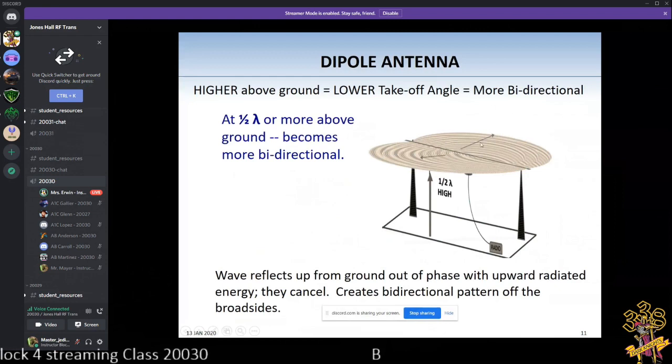So you have actually just bidirectional transmission. Now, as you come closer to the ground, this energy being reflected up is not out of phase and does not cancel it. So you start getting more of that transmission going up. The closer to the ground you get, the more of this upward transmission you're going to get. Okay? Does that help? Yes, ma'am.